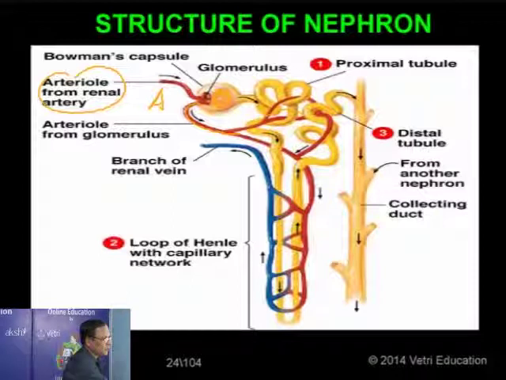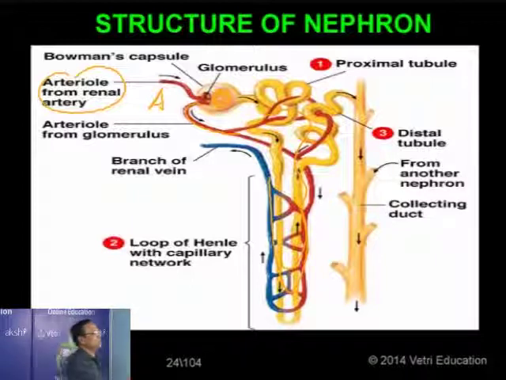It divides and subdivides to form minor branches all around, surrounding the entire renal tubule, and these are called the peritubular capillaries. These are the red and blue peritubular capillaries. After supplying blood, they all unite to form a branch of the renal vein, which opens into the renal vein.